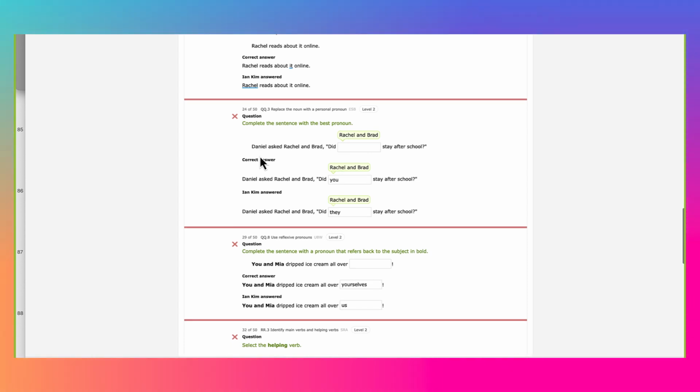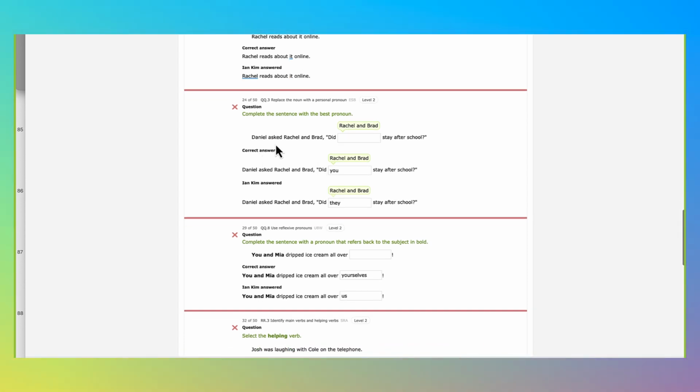Next, complete the sentence with the best pronoun. Daniel asked Rachel and Brett, did Rachel and Brett stay after school? So the pronoun will replace, and there's only a set number of pronouns. So Rachel and Brett is two people. Now here's the tricky part though. These Rachel and Brett are in quotation marks because Daniel asked Rachel and Brett, and the quotation is really referring to like you, right?